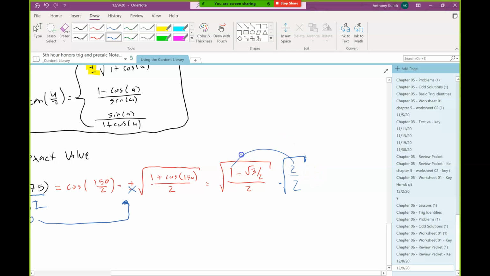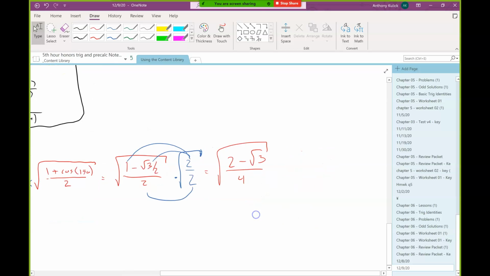So when I do that, the 2's multiply in. So I have 2 minus root 3 over 4. And if I look at the denominator, I can take the square root of 4.